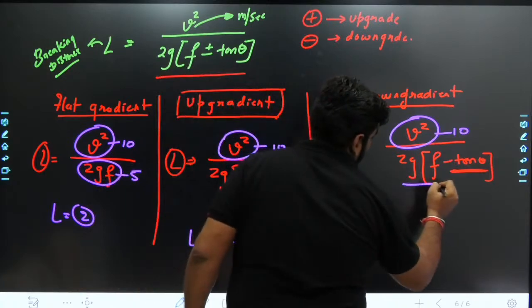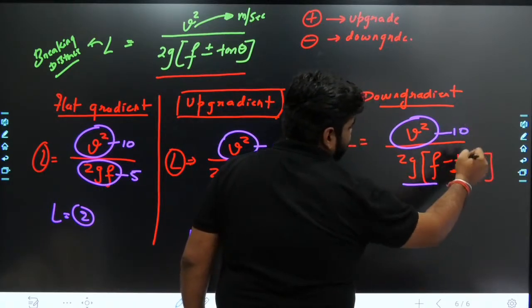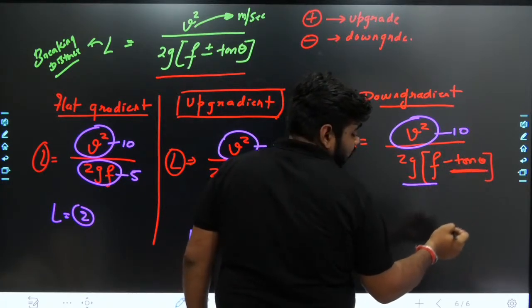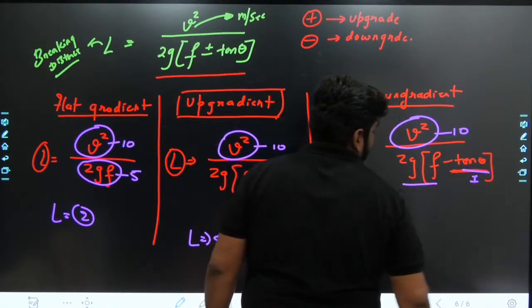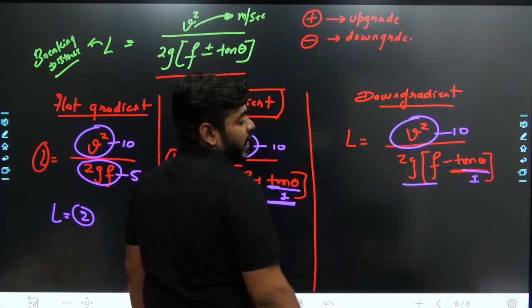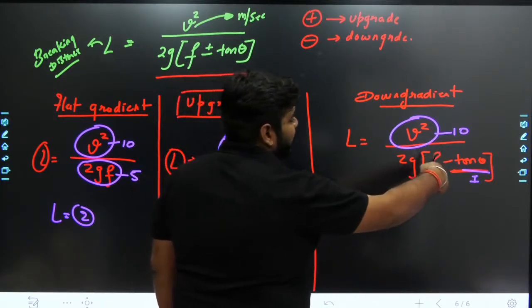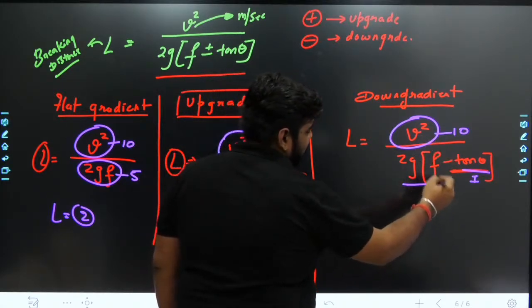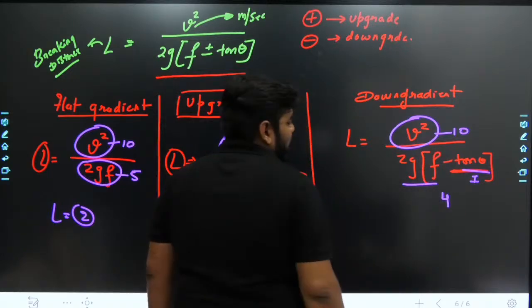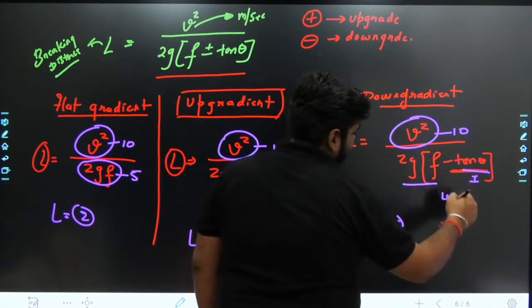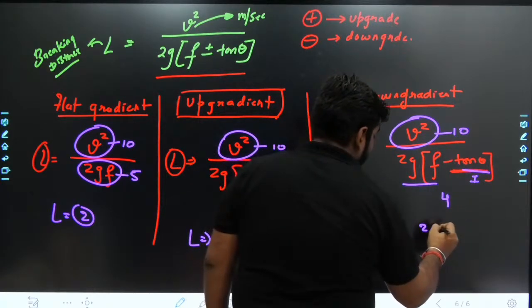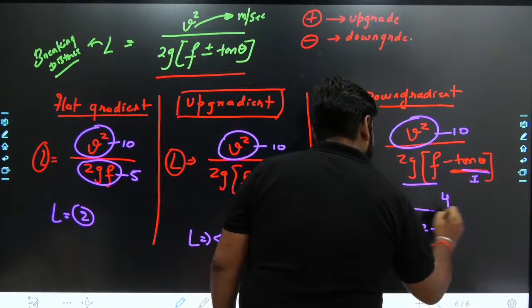But you are subtracting a term from the denominator. Let's consider this tan theta value as 1. So we subtract the term from the whole 2gf value and get the value 4. So this can be written as 10 by 4, 5 by 2, or 2.5. So this value L is 2.5.